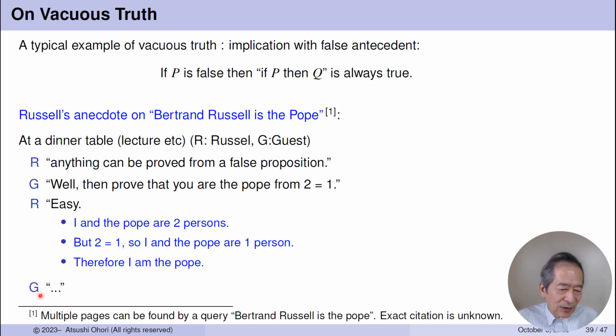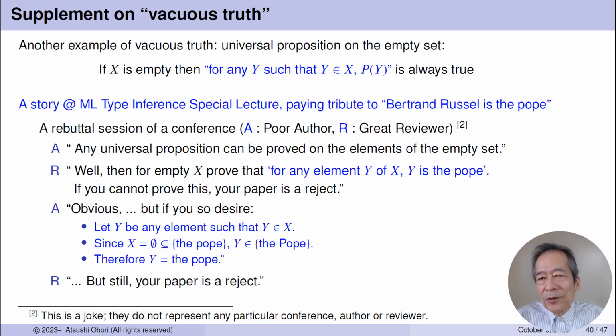And the guest fell silent, right? This is a famous and quite enjoyable story symbolizing the usual understanding of language and logical reasoning, some gap between logical reasoning and the usual sense of validity. So allow me to continue a little bit more about this digression on vacuous truth.